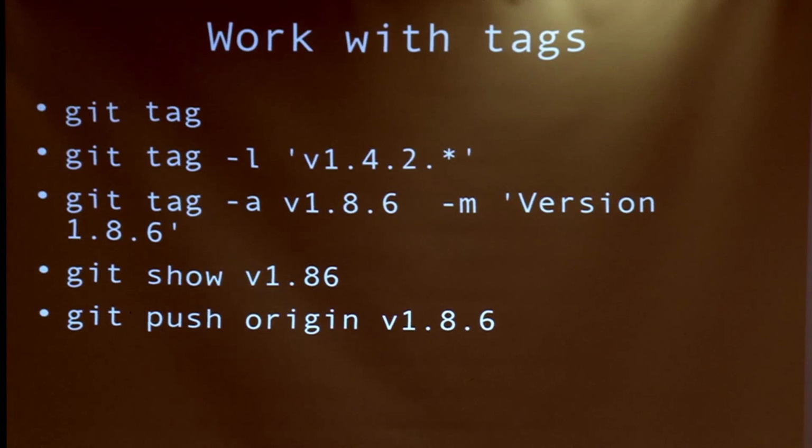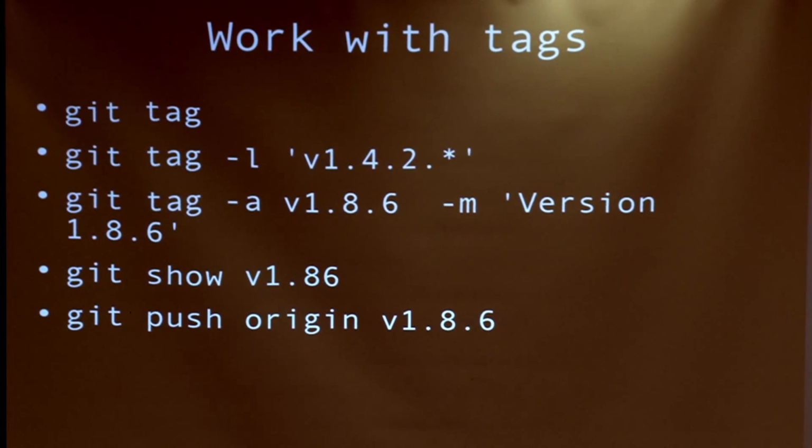So how does this work? Git tag lists all the tags in your project. Git tag -l, for example, with some reference, is listing everything with that reference. You can add tags with git tag -a, the version that you want, and a message that you need.